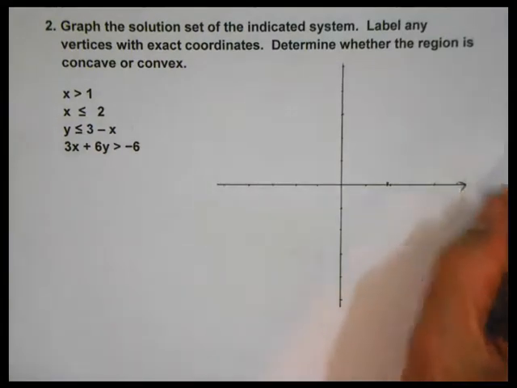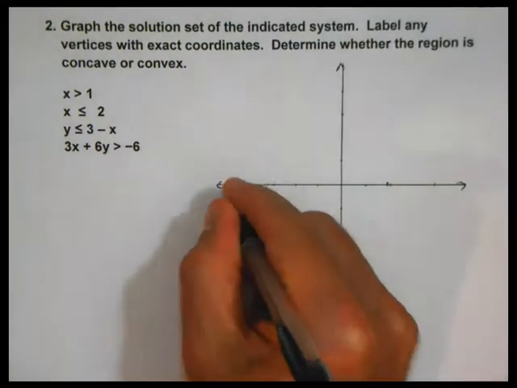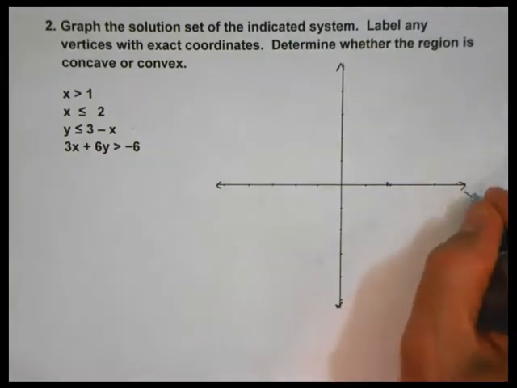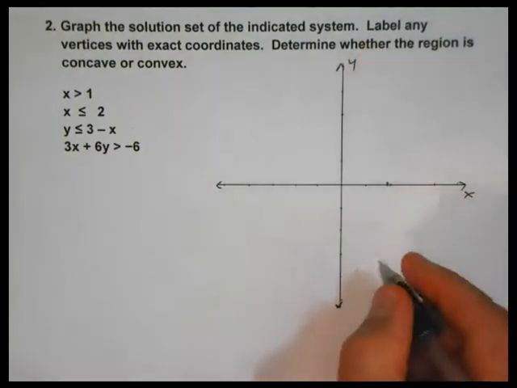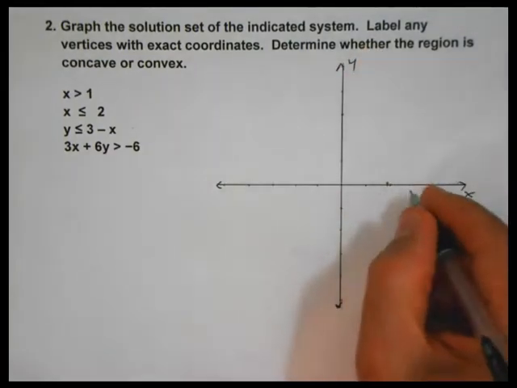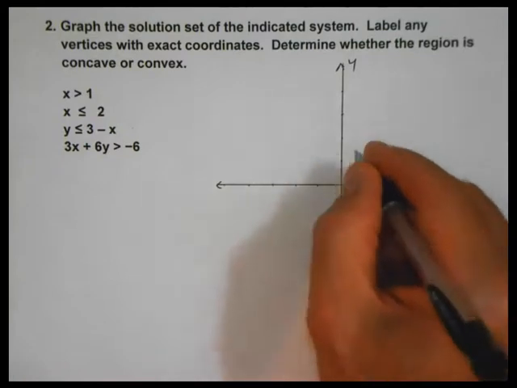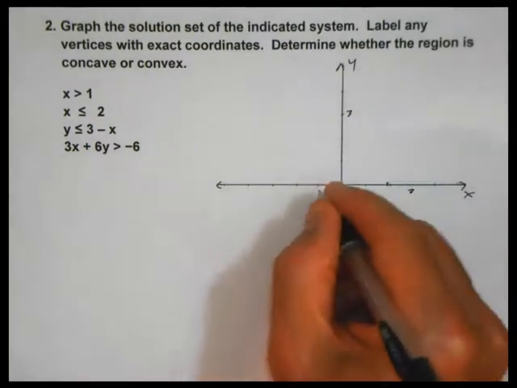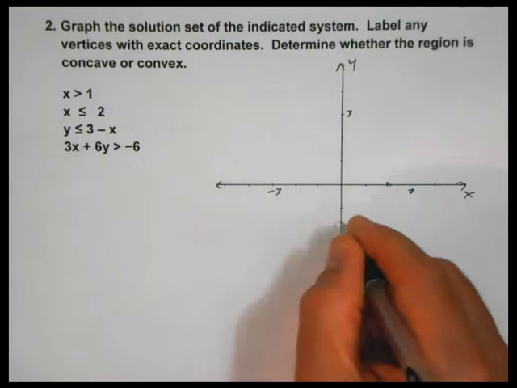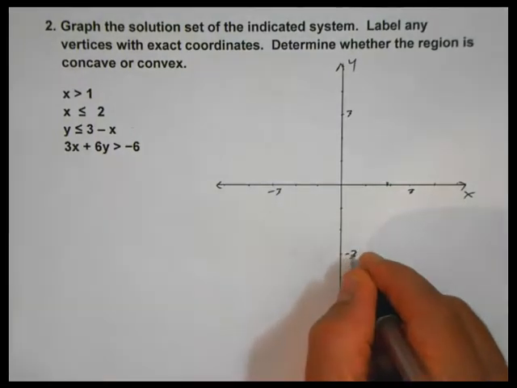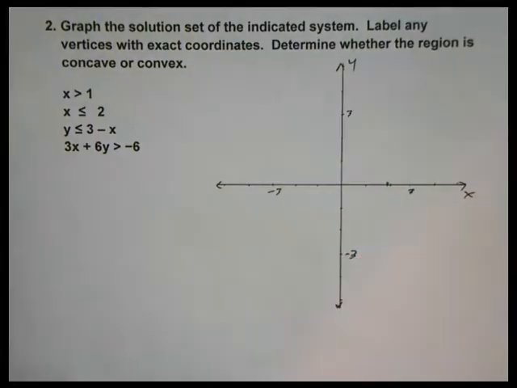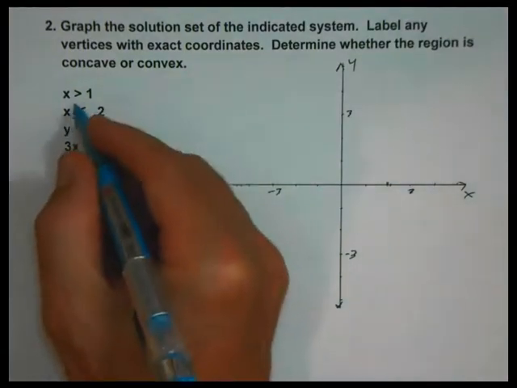Okay, want to scale and label the axes. So put x on here, y on here. For scaling, 3, 3, negative 3, negative 3.